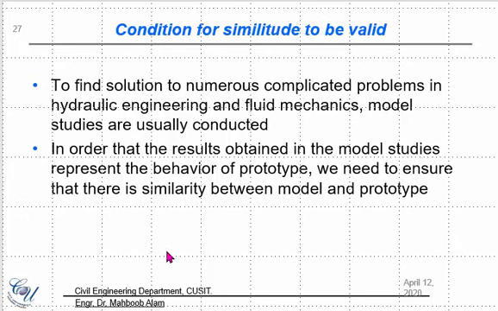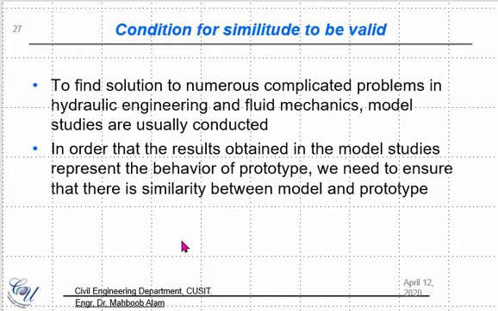The important thing is the similarity between the model and the prototype. We have to make sure that the model that we are making in the lab truly represents the prototype. If there are differences in the two, then once we go to the prototype or we go to the field, everything would be wrong. We have to make 100% sure that the model that we are developing is exactly the same as the prototype, except of course the size of it.